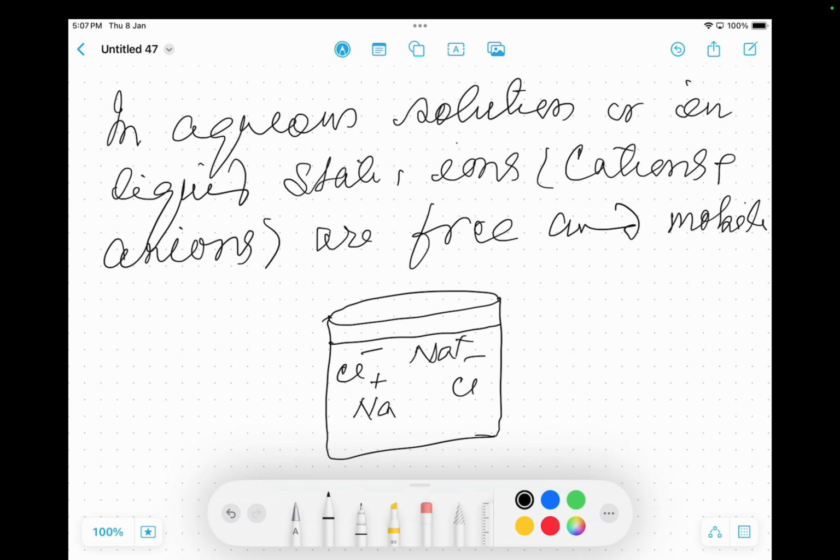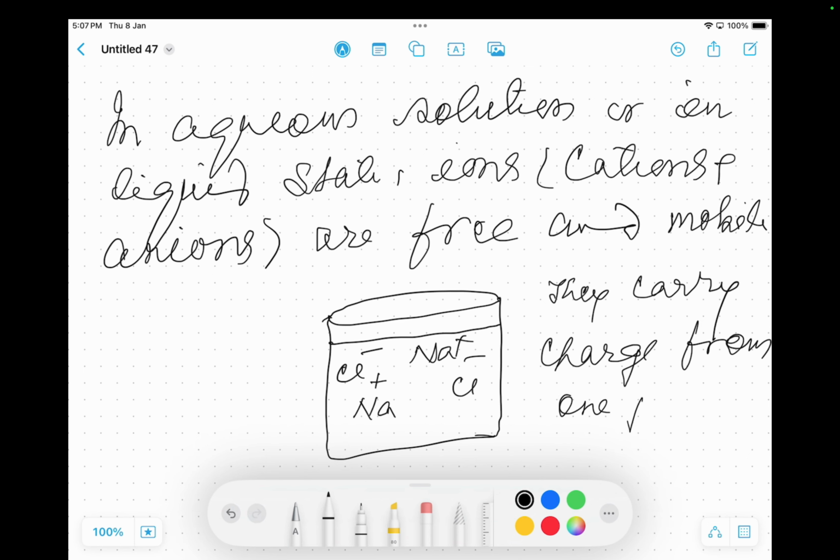So the conductivity of aqueous solution or liquid state is due to free ions in that state. So in aqueous solution or in liquid state, ions are free and mobile. They carry charge from one pole to another pole.